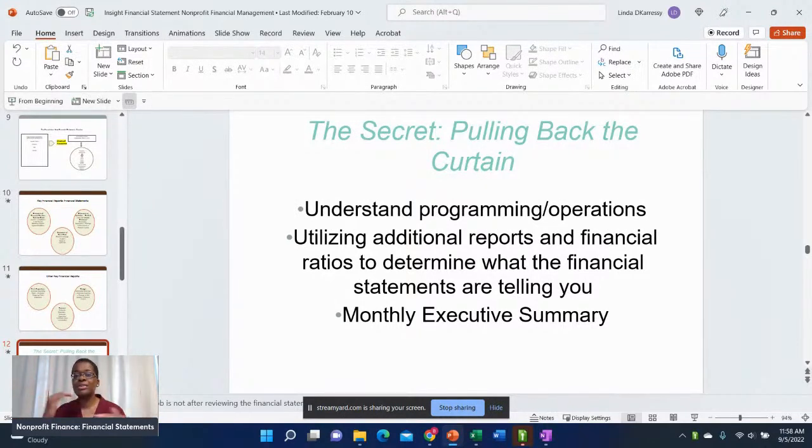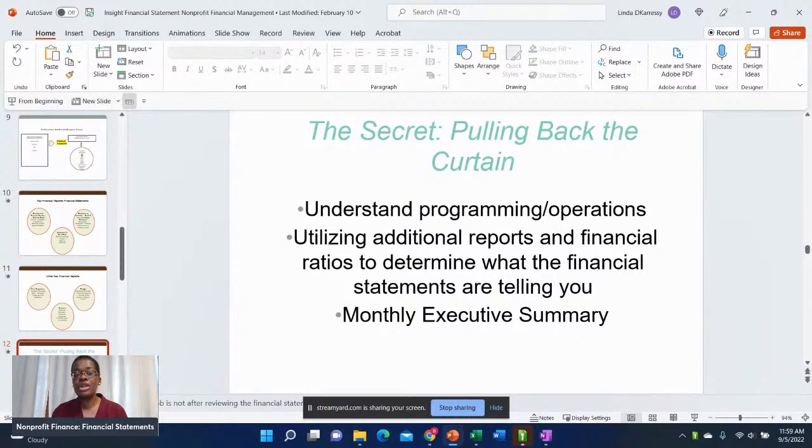You want to understand that so you can maintain it, or maybe you need to tweak the process and change some things up to garner more donations. That's what I mean by pulling back the curtain, pulling the onion. You want to know where that number is coming from. What are the drivers? So remember, just because you're looking at the financial statements, also look at additional reports.